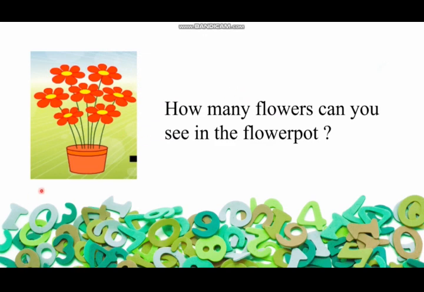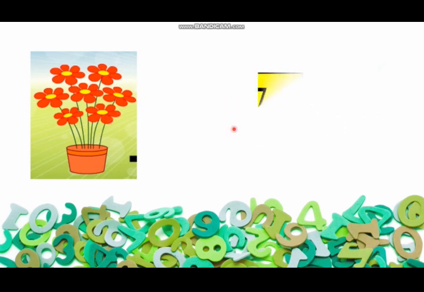Let us count. 1, 2, 3, 4, 5, 6 and 7. Yes, you are absolutely correct. There are 7 flowers in the flower pot.